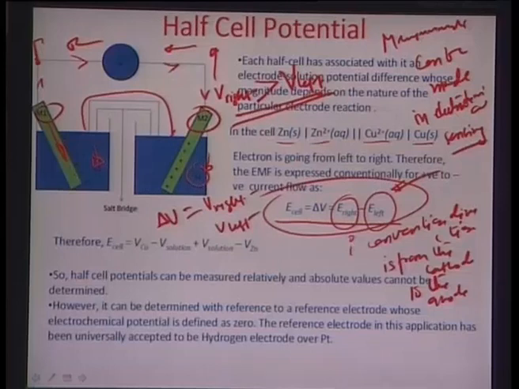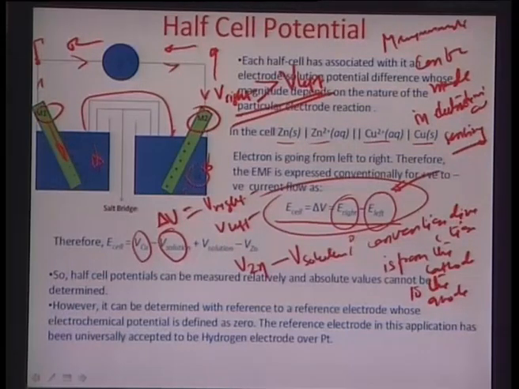V right is the voltage provided by the copper minus the voltage of the copper sulphate solution S2, and similarly V left is the voltage provided by the zinc minus the voltage of the zinc sulphate solution.